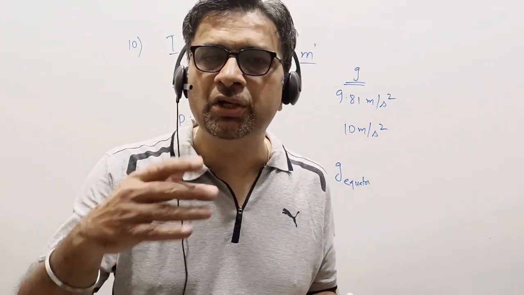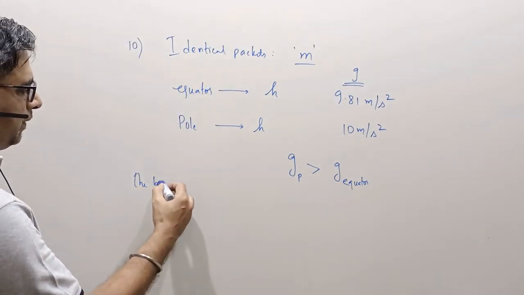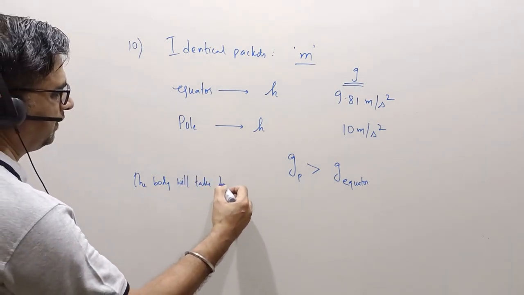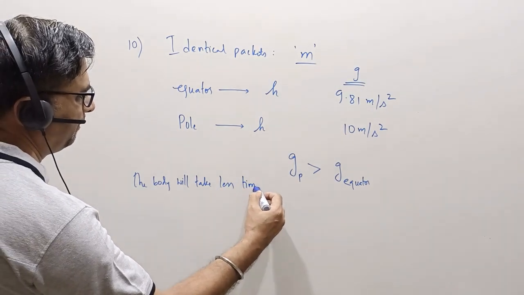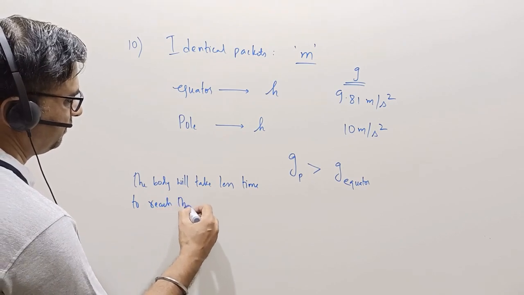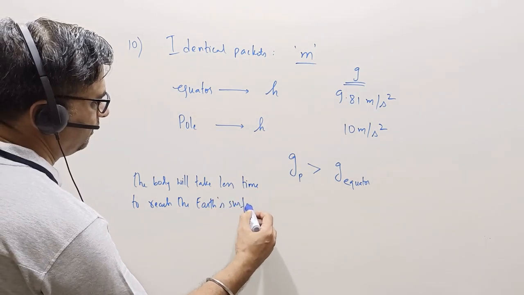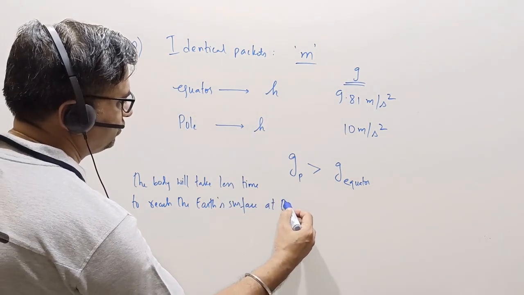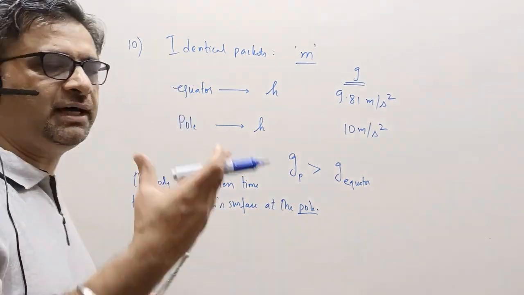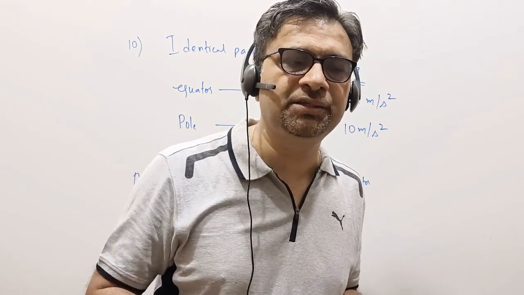So the object will take less time to reach the Earth's surface at the pole, because at the pole the acceleration due to gravity is greater.